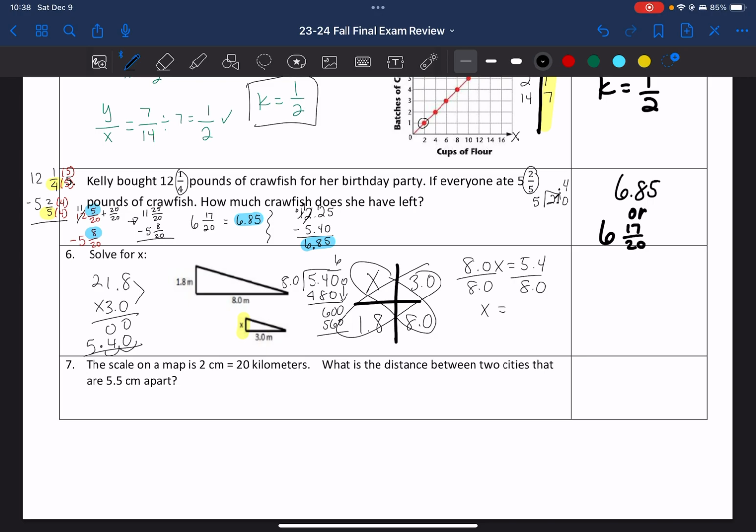Okay, and then here, let's subtract that. 10 minus 6 is 4, and here we go. We now have 0. So here, I have a decimal right here.